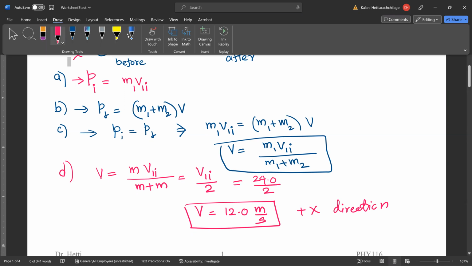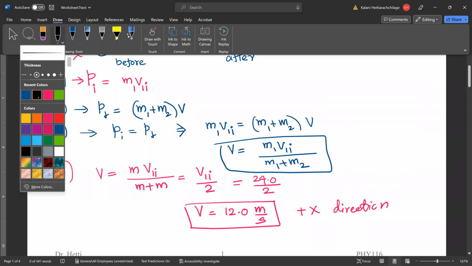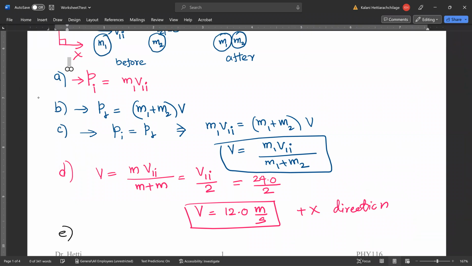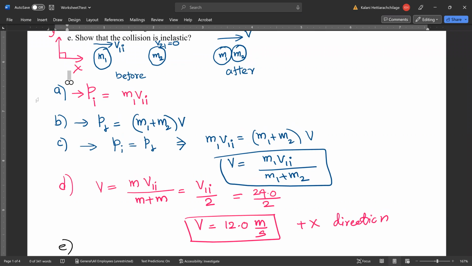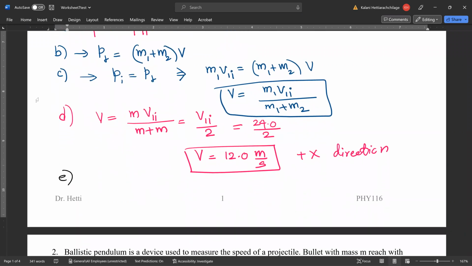Okay, so now we're going to move into part E. Part E is asking, show that the collision is inelastic. We discussed elastic and inelastic collisions in your lecture part. Inelastic basically means kinetic energy is not conserved.